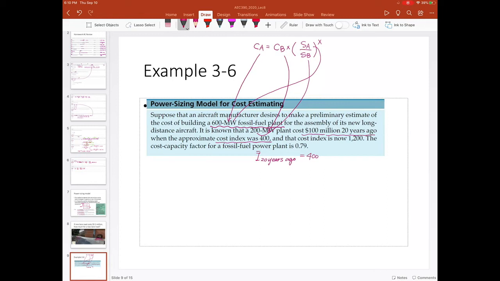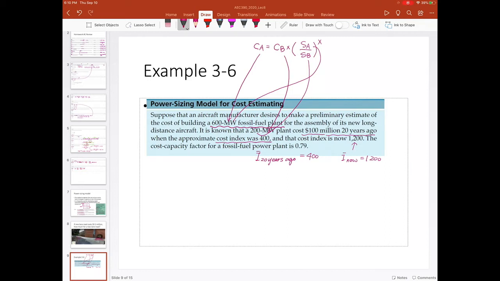And that cost index is now 1,200. Okay, so from this we know the I bar now is 1,200. So if you know the two indices at the 2 years, and then you also know the price for one of the years, it's easy to calculate the price for the other year.